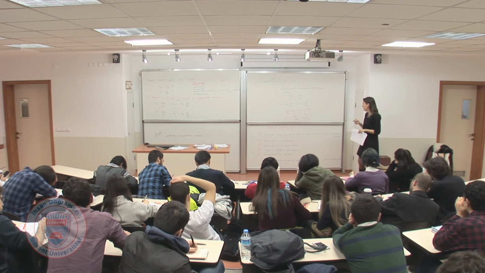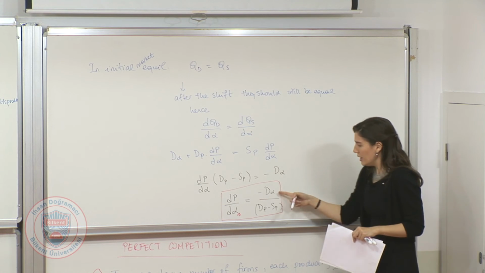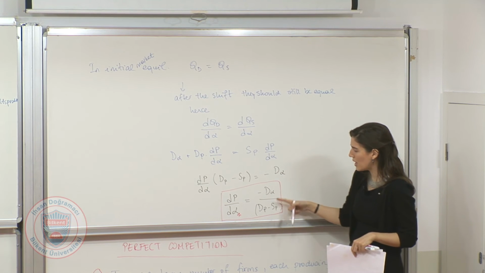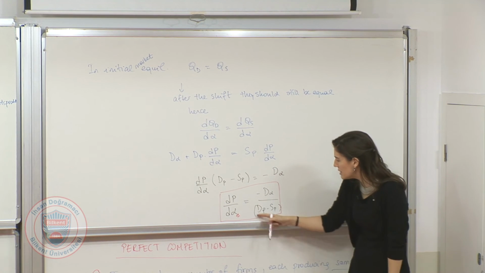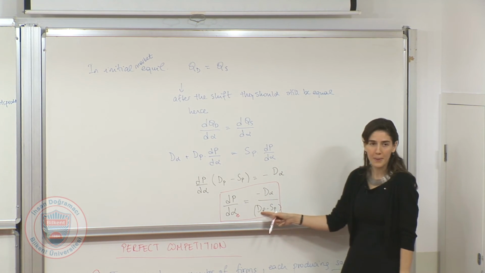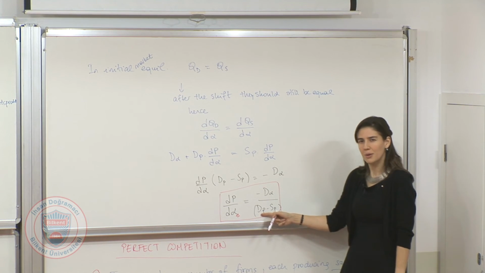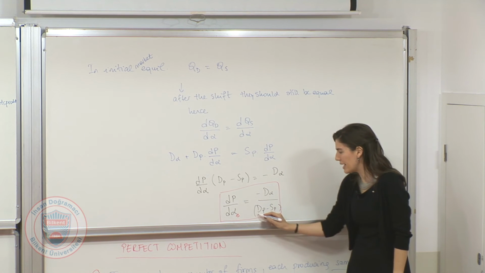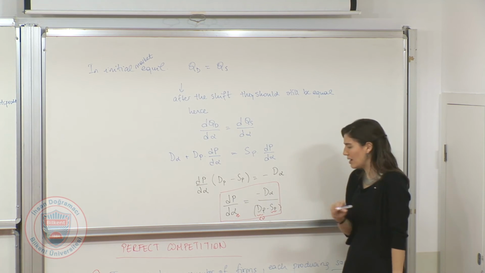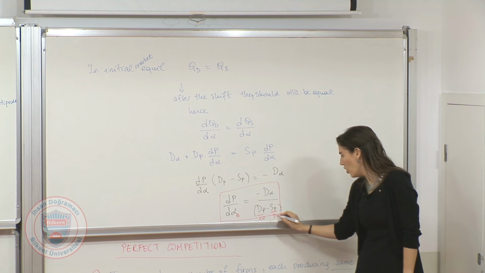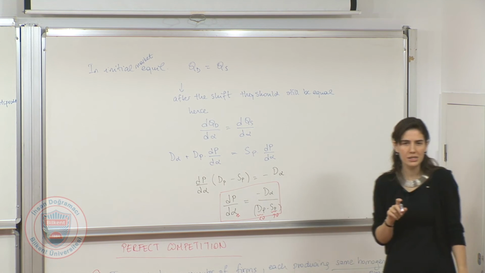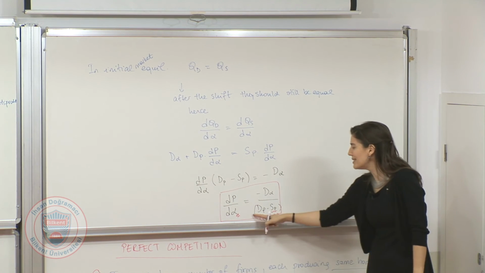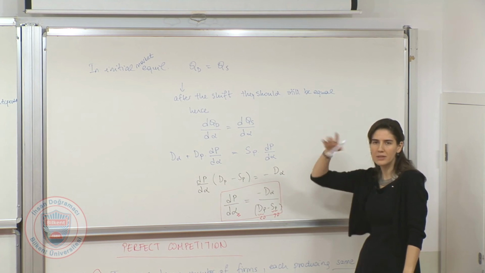So what does this mean? Which sign do you think it would depend on? We know dQd/dP is negative, right? And this one, the derivative of supply, is positive. So altogether the expression inside is negative, and with the minus sign in front, they would cancel out.